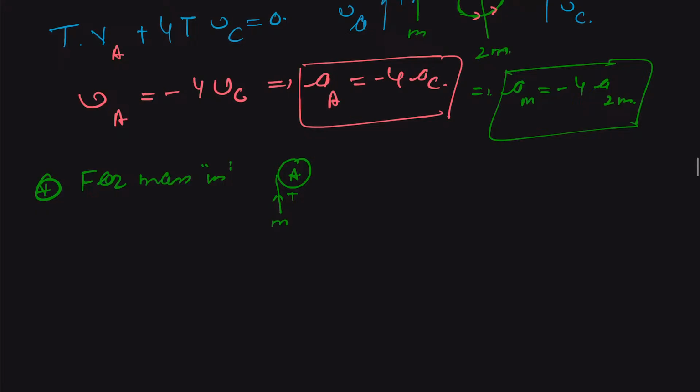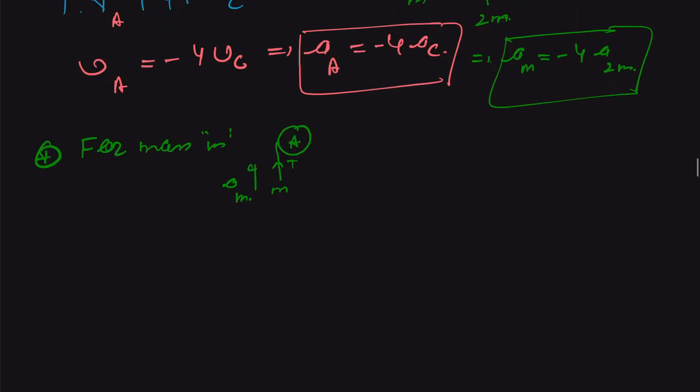And therefore, if it is having acceleration upward as A of m, we can write the equation of T minus mg is equal to m times A of m.